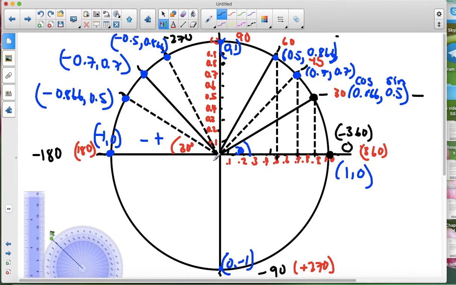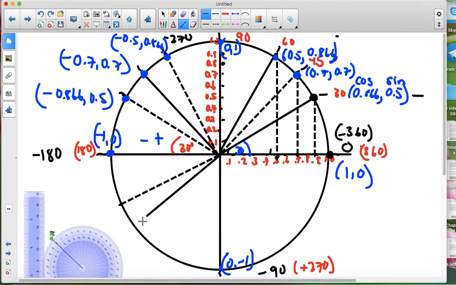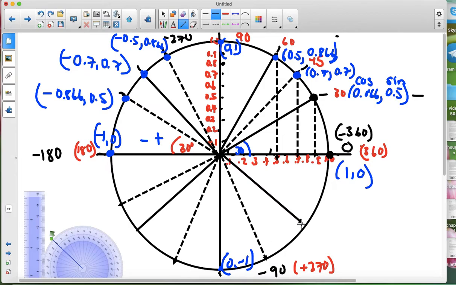And on the other side, on the bottom, well, you're going to have the same thing. You're going to have 30 degrees. You're going to have the 45 in the middle, and then you're going to have the 60 degrees from the horizontal. And then you're going to have the same thing on this side. You're going to have the 45, and you're going to have the 30 from the horizontal.